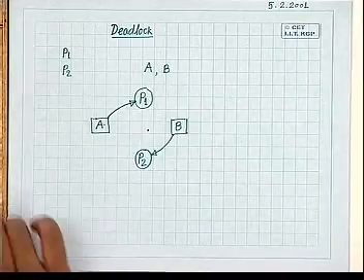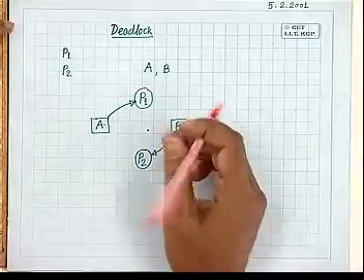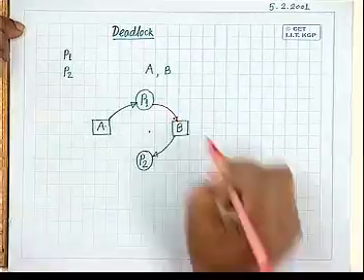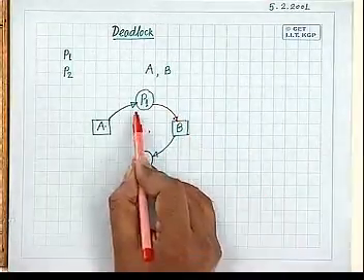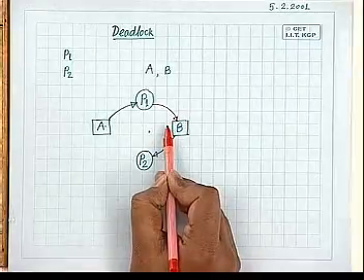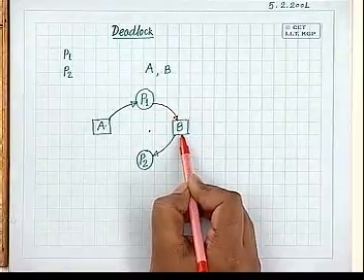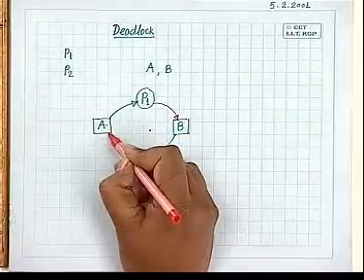So, P1 has acquired A and is waiting for resource B to be free, because until P2 releases B, P1 cannot acquire it. Similarly, P2 has acquired resource B and is waiting for resource A to be released.